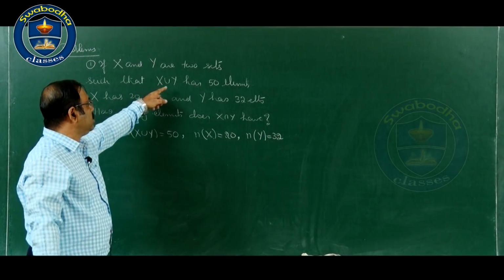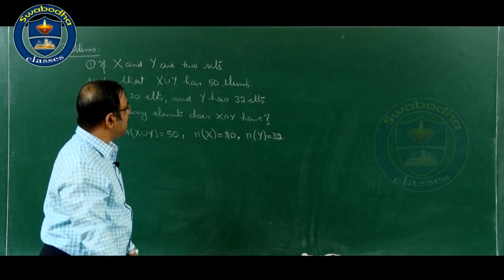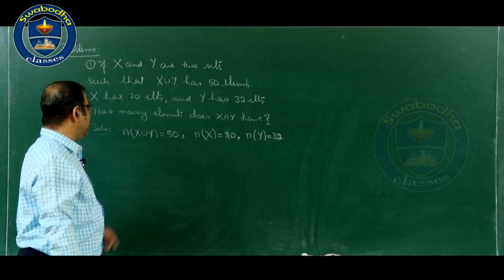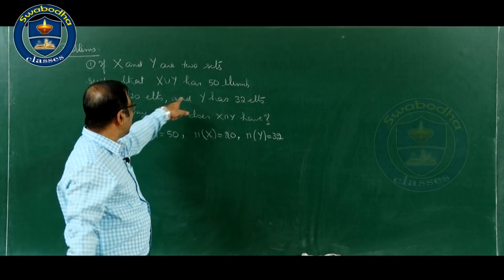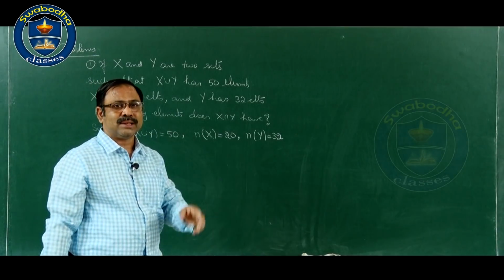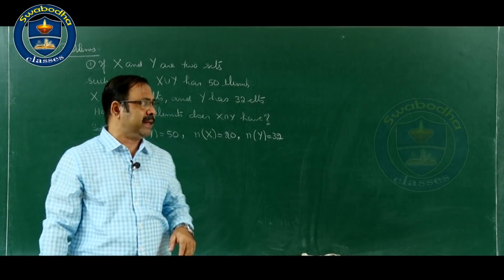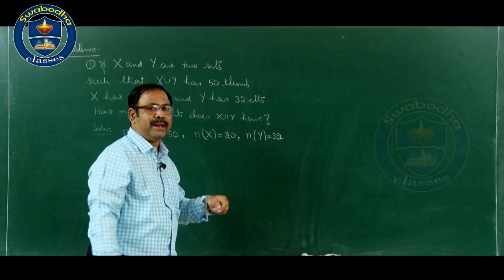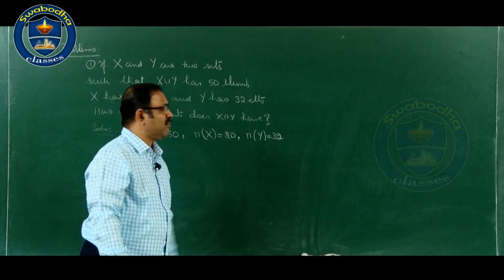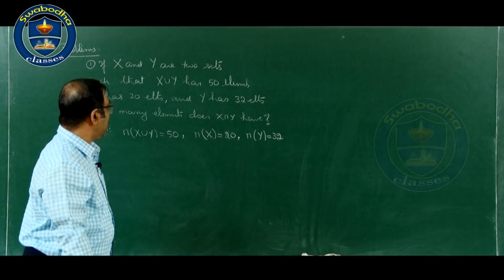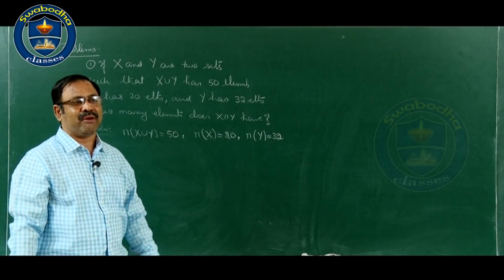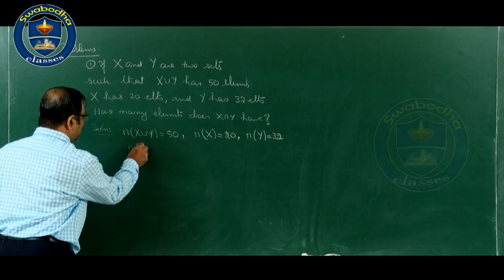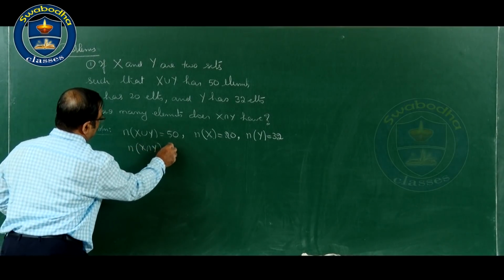See, x union y has how many elements? 50. X has 20 elements, so n of x is 20. Y has 32 elements. Therefore, n of y is equal to 32. How many elements does x intersection y have? So, what is this n of x intersection y?